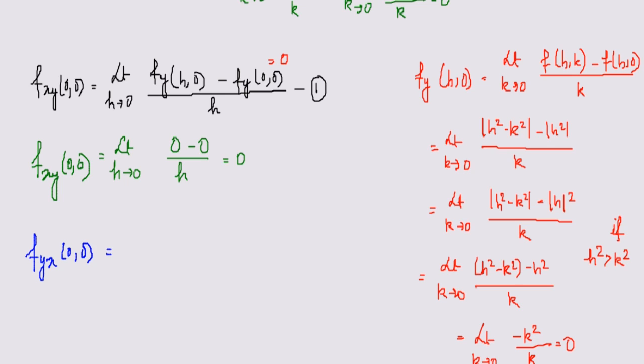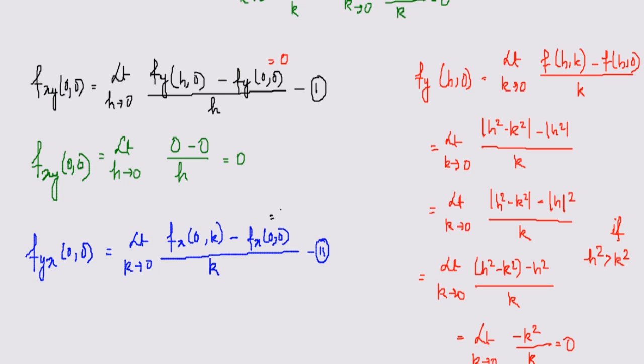It is given as the limit as k tends to 0 of [f_x(0,k) - f_x(0,0)]/k. Let us take this as equation 2. We already have f_x at (0,0) equal to 0.